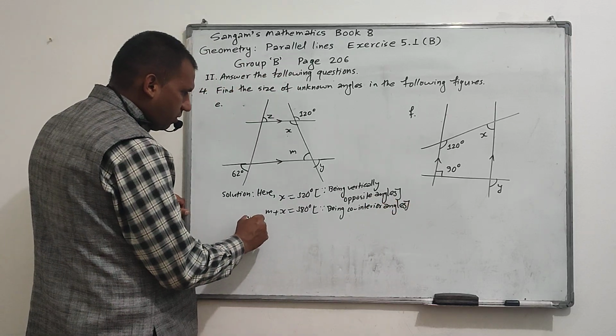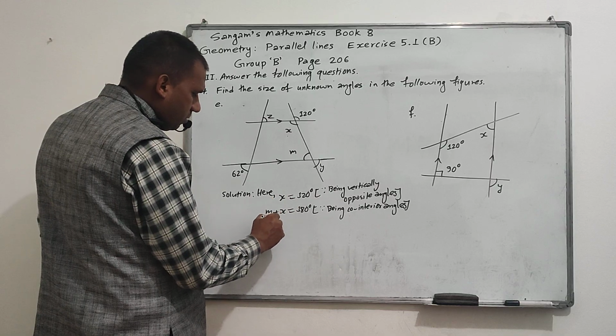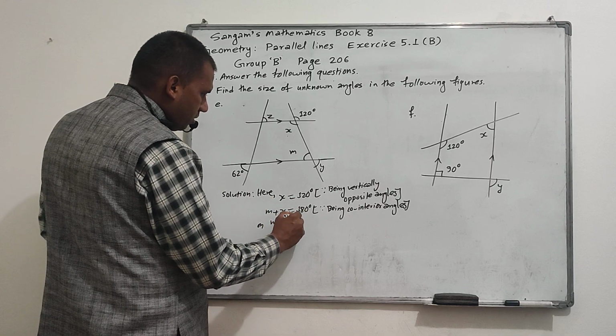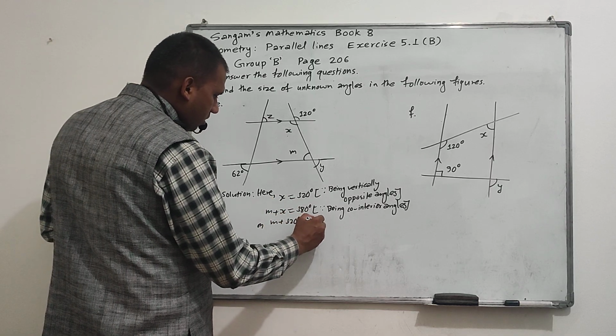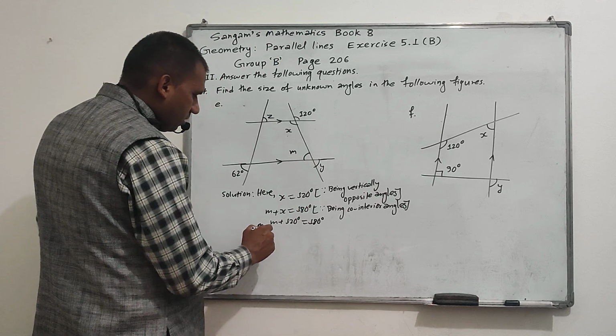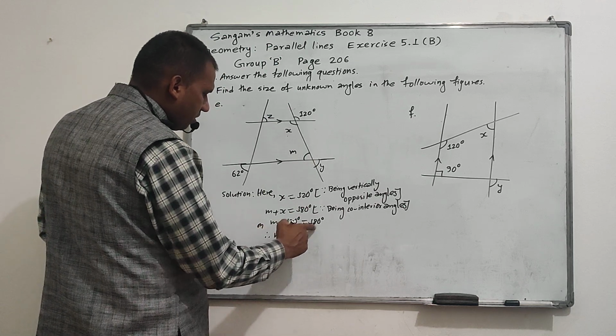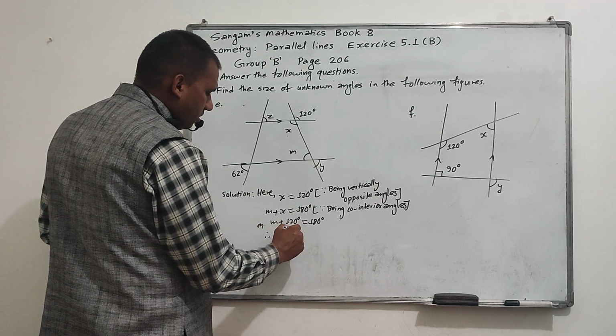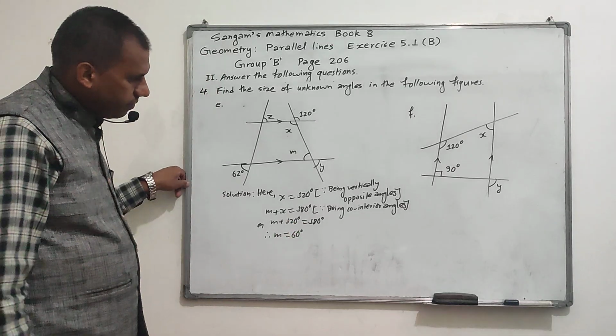The value of x is 120, so M plus 120 equal to 180 degree. Therefore M equal to 180 minus 120, 60 degree.